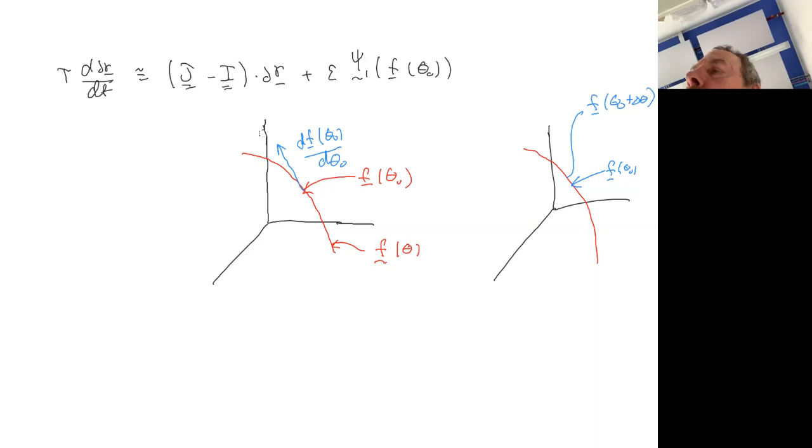Basically these are linked by a vector. And if delta theta is small, this little green vector, which is hard to see, points along the line attractor.